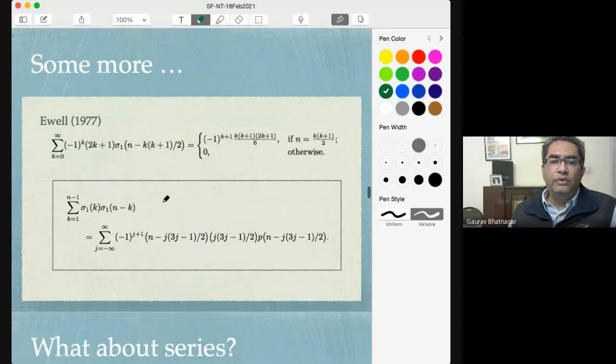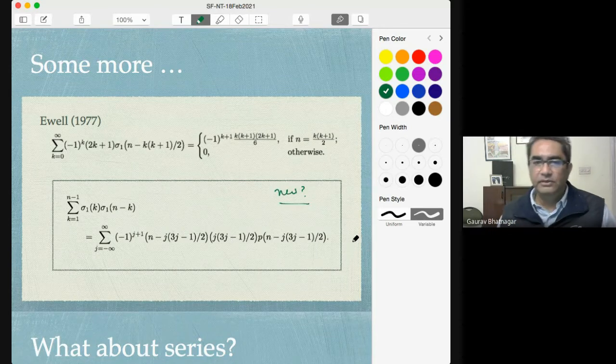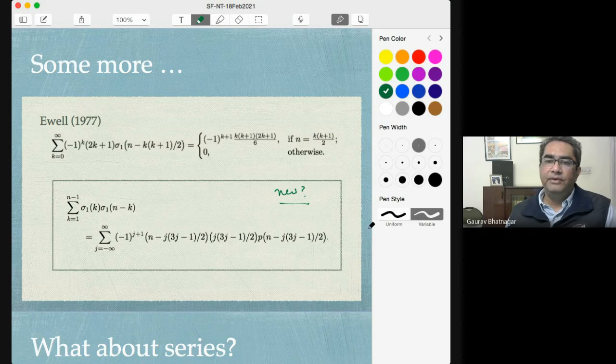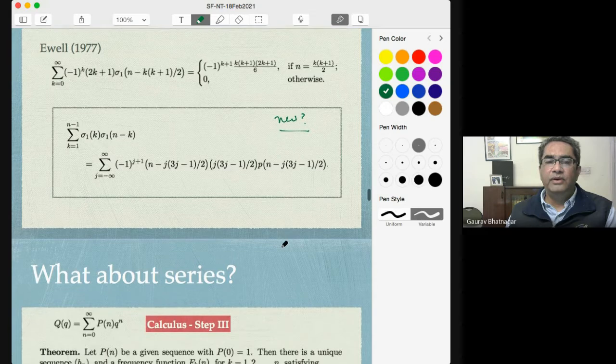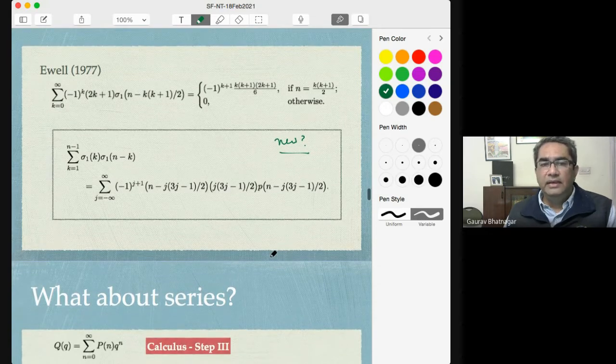And this is a new one which we found. I think it's new, maybe new. A lot of things we found we feel are new because we haven't seen them anywhere, but they're relatively easy to get. So one never knows if something like this is there. But for this type of recurrence, two of them are known, but not this one for sure.